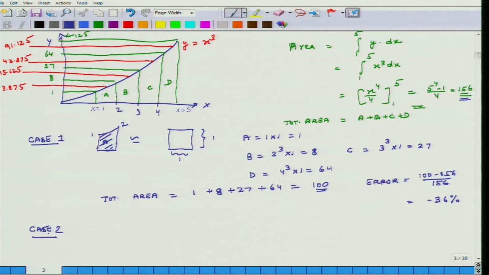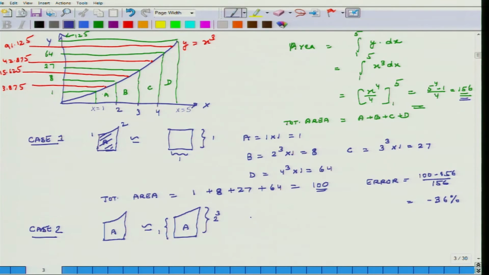Okay. Here I assume that this area A is approximately equal to this kind of a trapezoid. And here the height of the trapezoid on this side is 1 and the height of the trapezoid on this side is 2 cube. Okay.